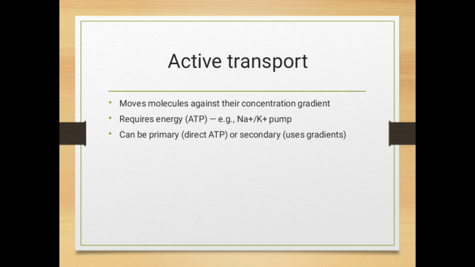Remember, till now what we have seen was from higher to lower concentration. However, in active transport it is from lower to higher concentration. Getting it? Ultimately, when work is to be done in the opposite direction, energy is required, so energy, that is ATP, is utilized.